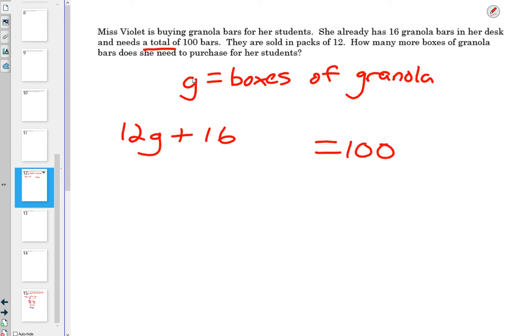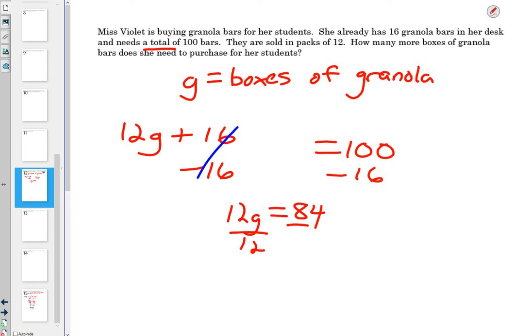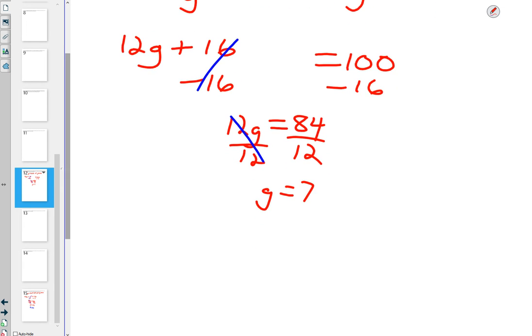That will give you 100. So minus 16 minus 16. 12G is equal to 84. So of course Hope was right because it ends up being 7. 7 boxes of granola.